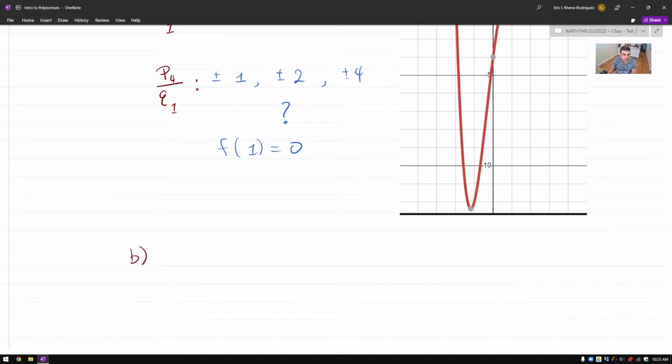The next step that we are going to do is identify the first rational zero, and we are doing graph evaluation.